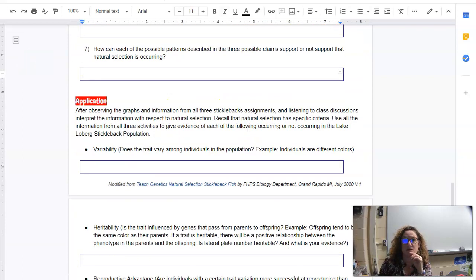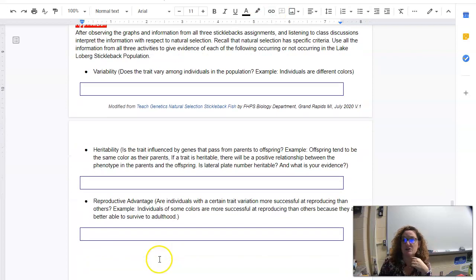Finally, now that you've gone through all three pieces of information, we've looked at the variation in the population, the heritability, which is what you did today, and the reproductive advantage, which was what you did yesterday. You're going to use that information to summarize what you know and use really good detail.